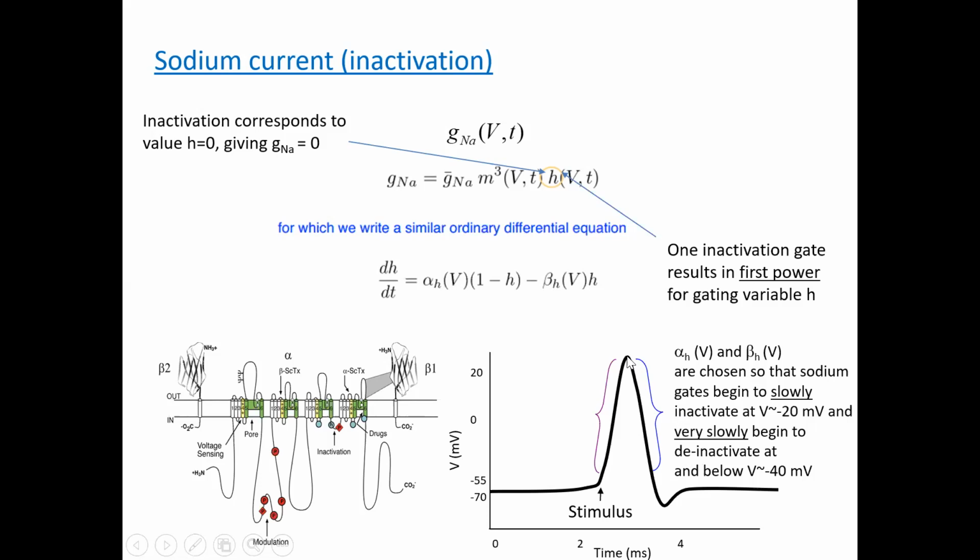That prevents sodium from rushing in during the downstroke and allows the potassium to rush out and decrease the potential back down to its resting potential.